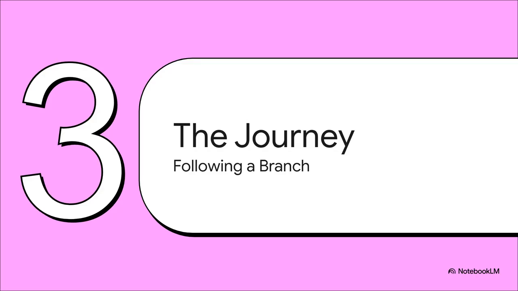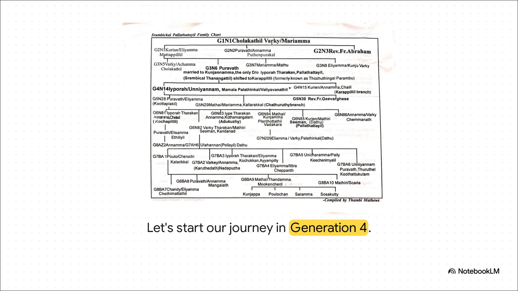You know, to really appreciate how this chart works, let's not just look at it from a distance. Let's get right up close and personal and trace one single unbroken line of descent through the generations. It'll make it all click. Let's drop right into Generation 4 with this couple here, Ipara and Unyanam. You'll notice they're part of the Mamala Pallathinkal branch, which is a great example of how different family lines start to develop their own distinct identities within the larger tree.